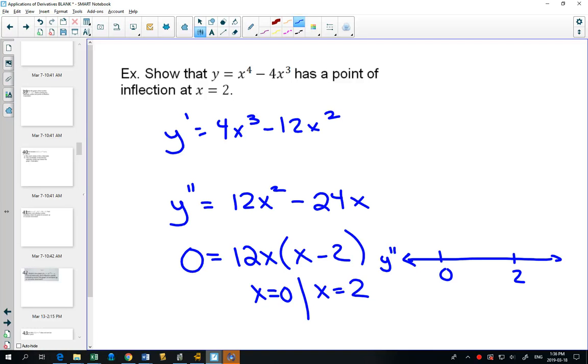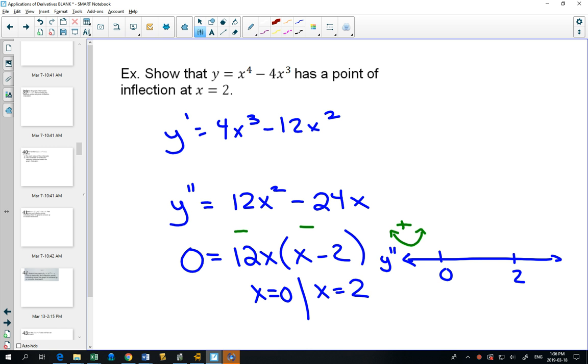So I'm going to plug a value less than 0 back into my second derivative. And I like to use the factored ones. So if I plug in a negative number into my second derivative, can you see that 12 times a negative number is going to be negative? And a negative number minus 2 is going to be negative. And a negative times a negative is going to be positive, telling me this section is concave up.